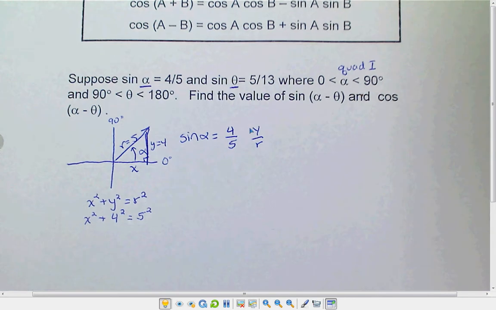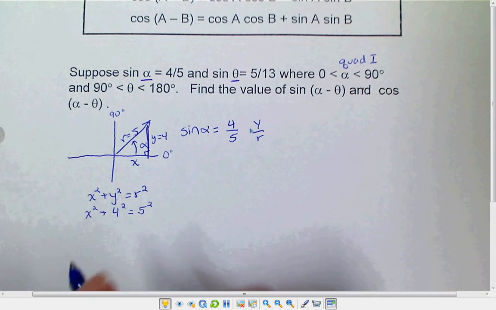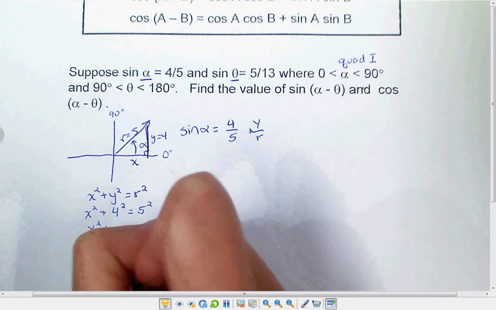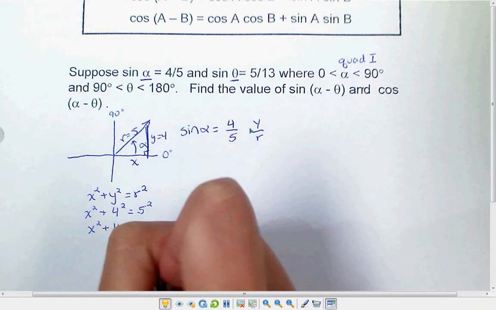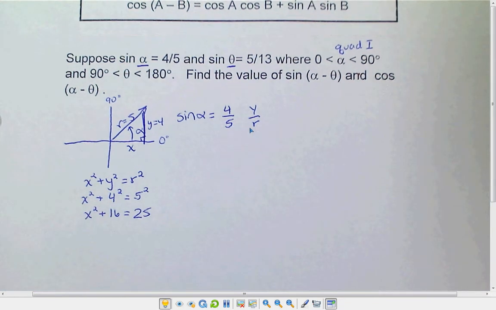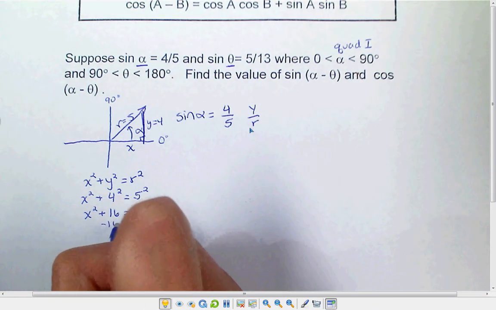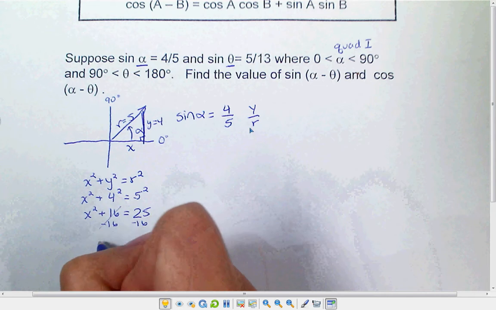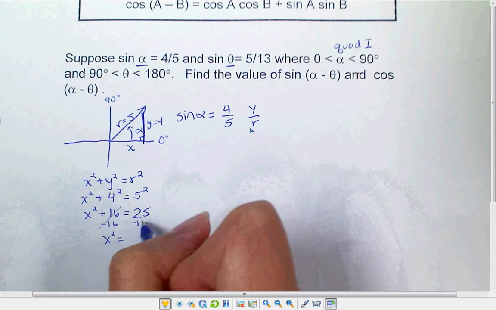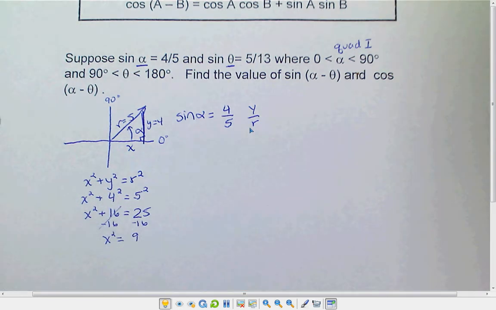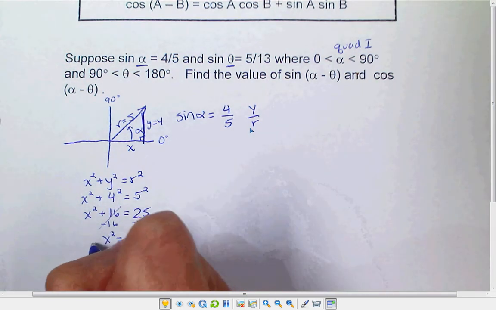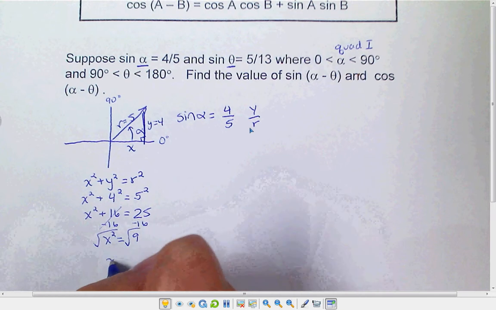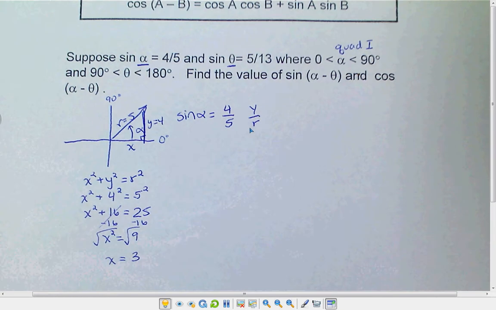So I'm going to plug in for y and r. Simplify. So 4 squared gives us 16, 5 squared gives us 25. And now I'm going to solve for x. So I'm going to subtract 16 from both sides. That gives me 9, and then to get rid of the squared, I'm going to take the square root, and that tells me that x is 3.